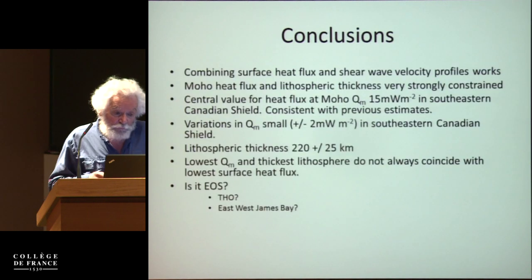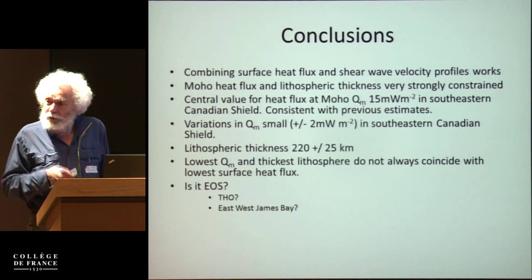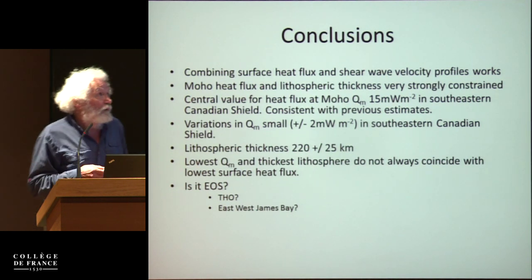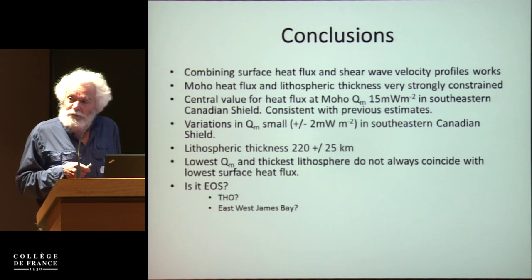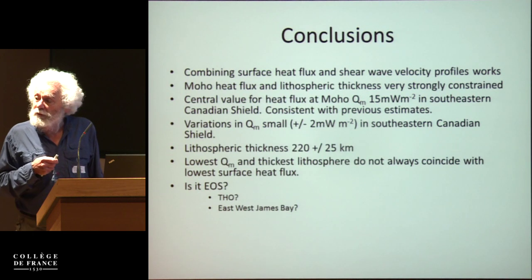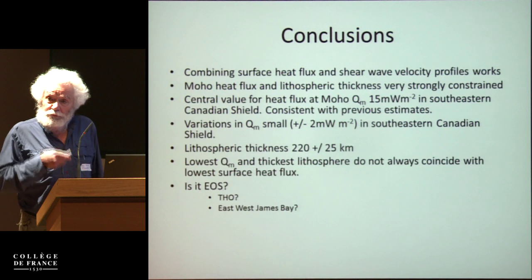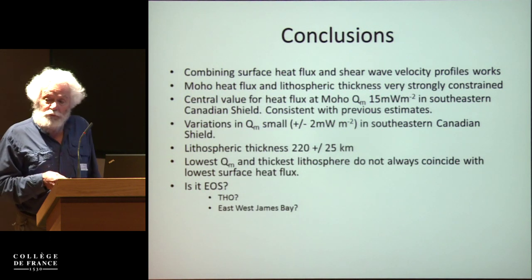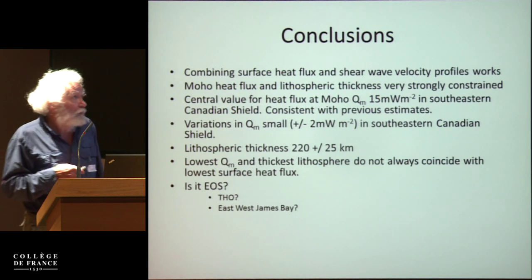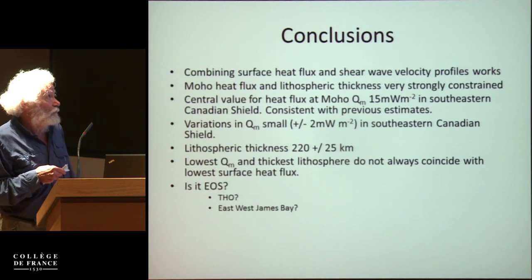Okay. So, in conclusion, it works. Putting together surface heat flux and shear wave velocity profiles helps in determining a reasonable vertical temperature profile and a vertical velocity profile for the region. This gives us a very strong constraint on mantle heat flux.